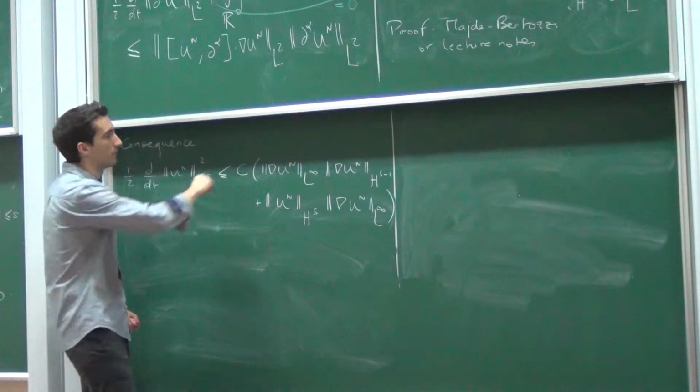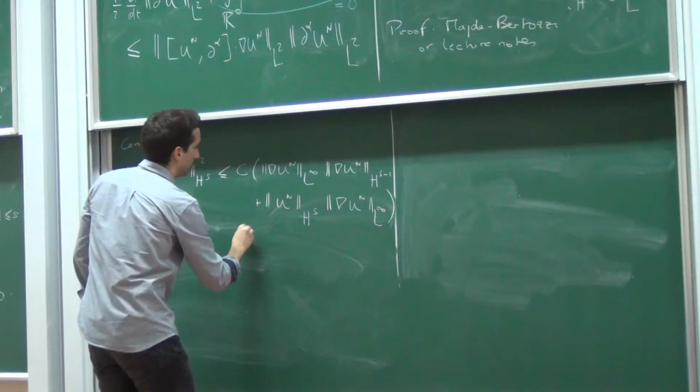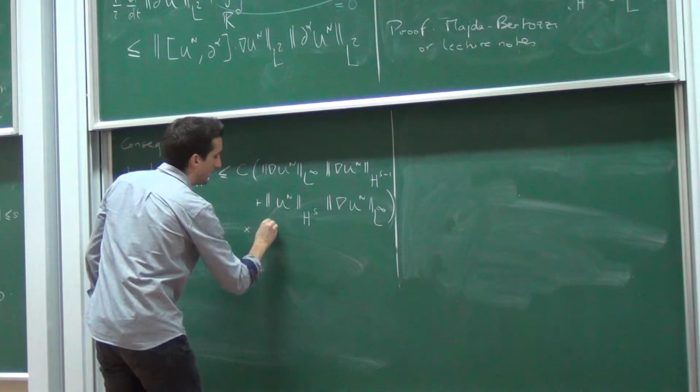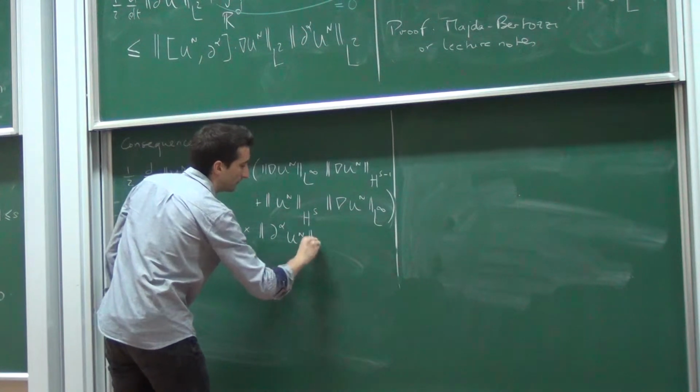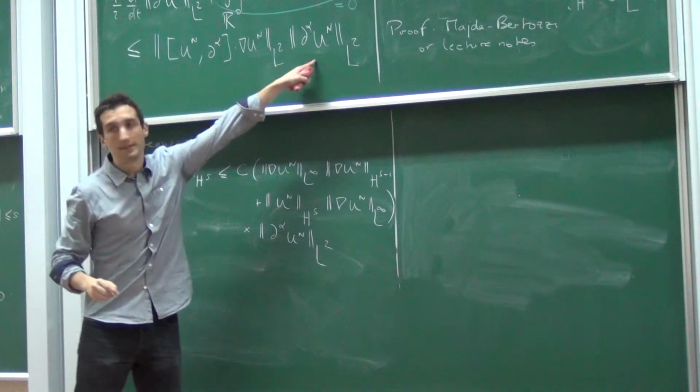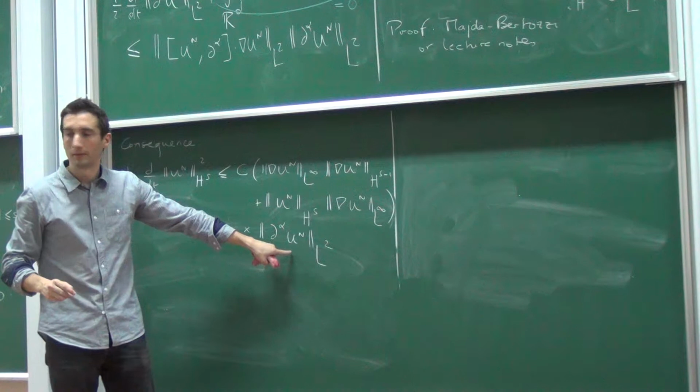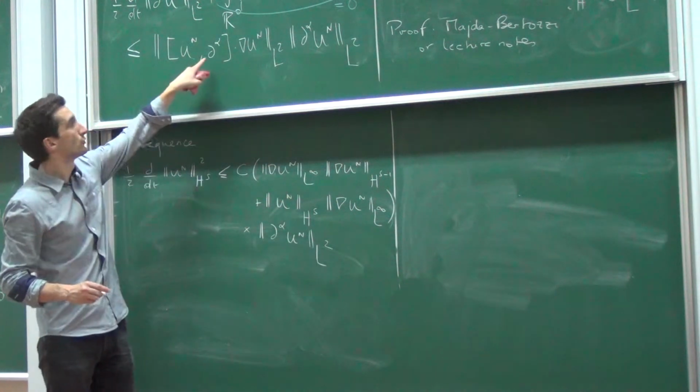And I multiply this by d alpha un in L2. This guy is the same as here, and this controls that.